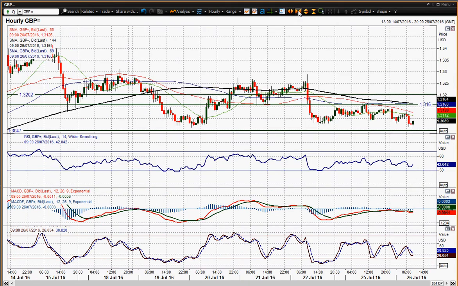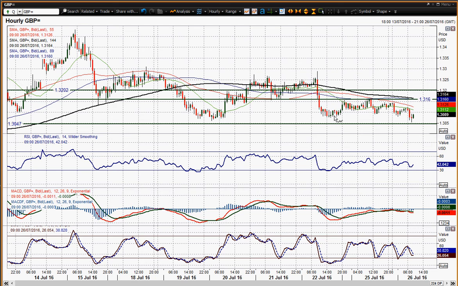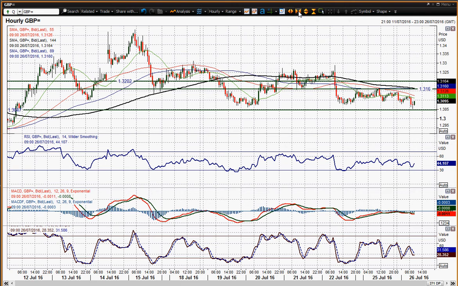Here we see the hourly chart on sterling, and it is, as I said, technically negative. Configuration on the hourly momentum indicators all negative. MACD lines rolling over, RSI rolling over at 55, trading underneath falling moving averages. You've basically got the whole package of bearishness. 31.60 is a near-term pivot.